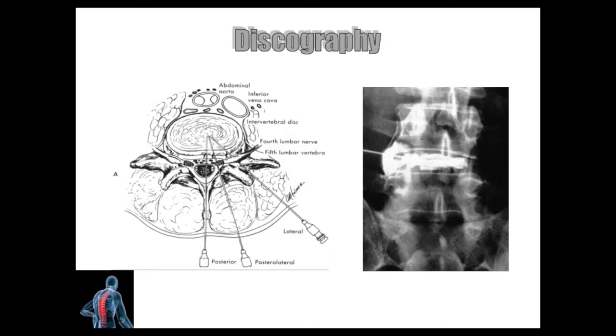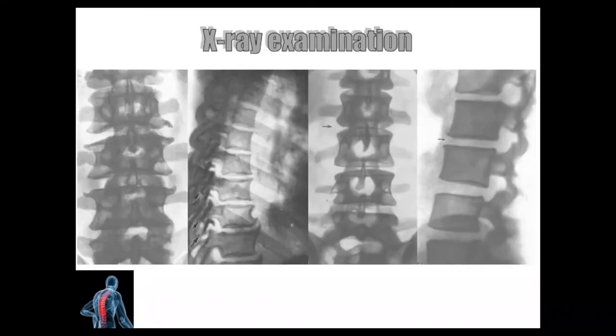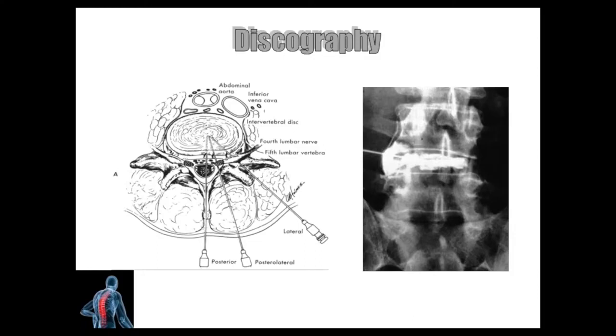Next method, which we almost do not use at present time, we use it very, very rarely. It is discography. As you can see here, in a normal X-ray examination, the intervertebral disc is absolutely invisible. But if you inject some contrast solution, for example indigo carmine, the disc will become visible.